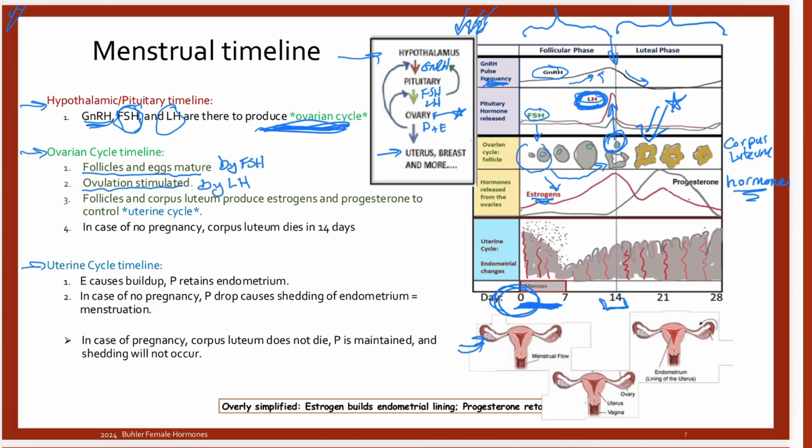And so estrogen goes up through the month. It peaks at the same time you have ovulation, and then it goes down. I don't care about all the little bumps. I'm saying it goes up during the first half, and then it peaks at ovulation and goes down. Progesterones do the opposite. They're low in the first half, and then they rise in the second half, and then they plummet down at the very end.